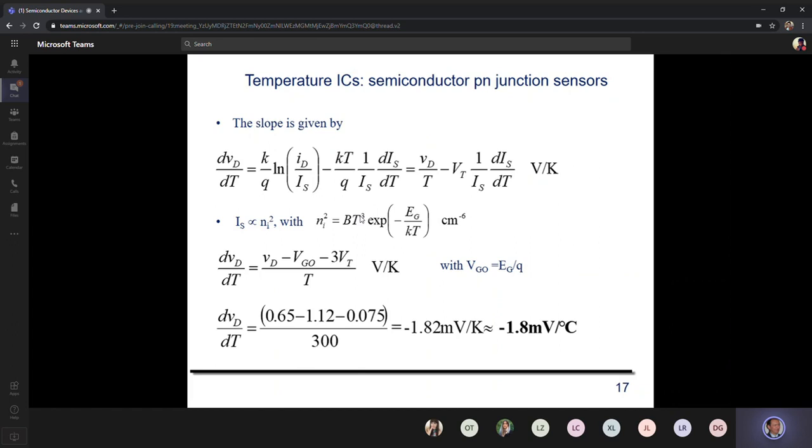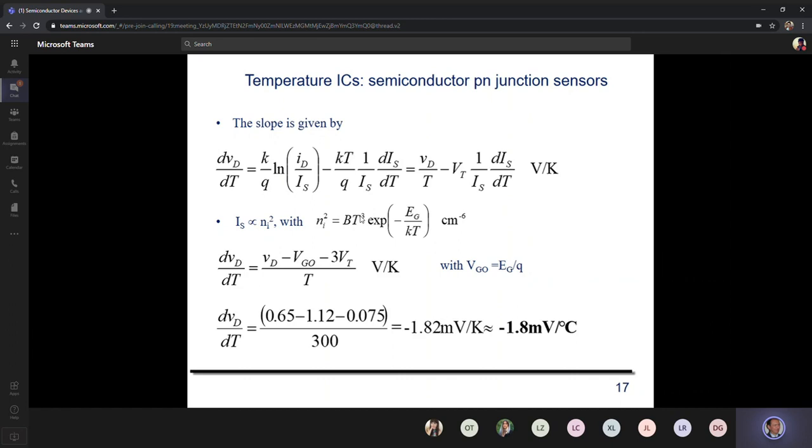And then you have 3 times Vt, because when you take the derivative of T cube, you have 3 times T, and then you have a division by T again, so you have 3 times Vt.